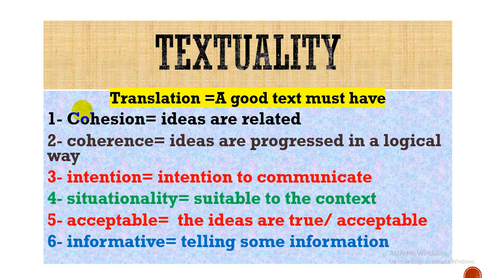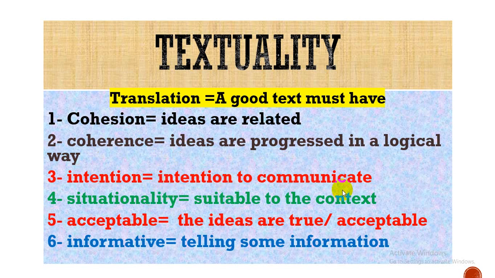And then when we say intention, it means this speaker or this writer has an intention to communicate something. So you need to pinpoint the components, the items involved in this text. And situationality, here we have a situation, and this situation is suitable to the context.